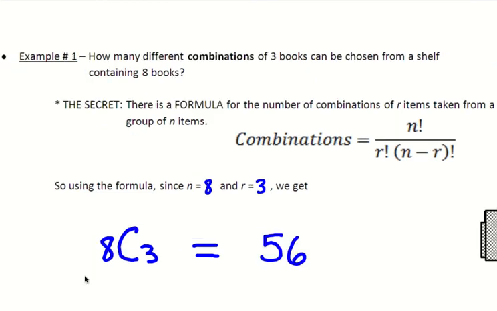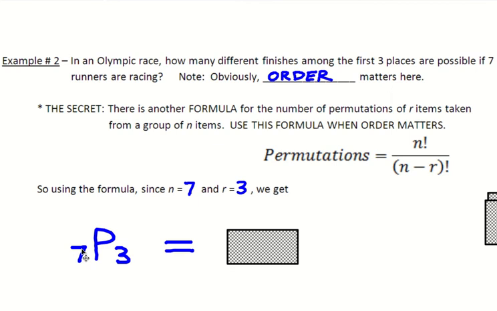So again, this one you can think of as 8 choose 3 for combinations, 7 position 3 for permutations. When you throw this into your calculator, you would first hit the 7, then go to the nPr function in the correct menu, then hit 3, and then enter.